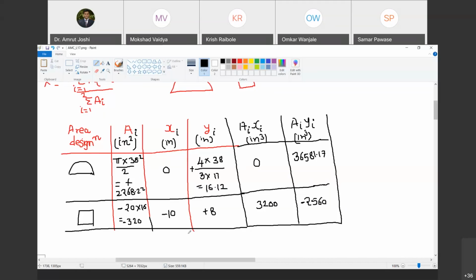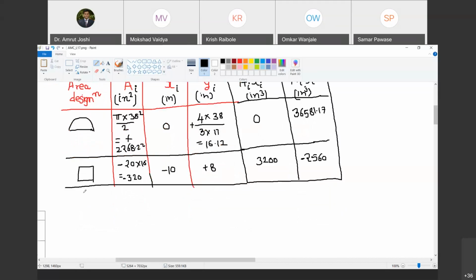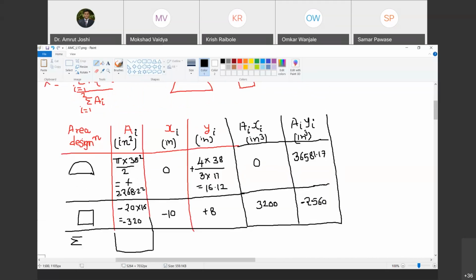Now what we are going to do is we are going to obtain the summations. So what is the value of summation Ai? 2268.22 minus 320. So how much is that? 1,948.22.